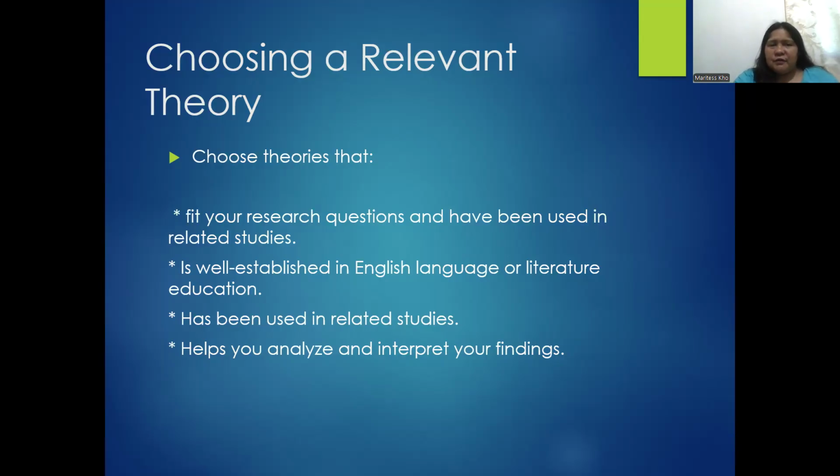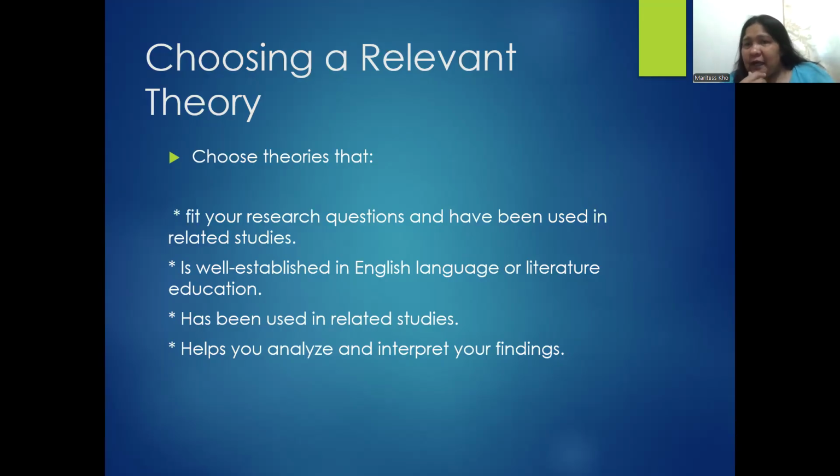The third, choose theories that have been used in related studies. So you have to review similar research papers or theses and take note of which theories they used. This shows that your choice aligns with existing scholarly work and strengthens your study's credibility.